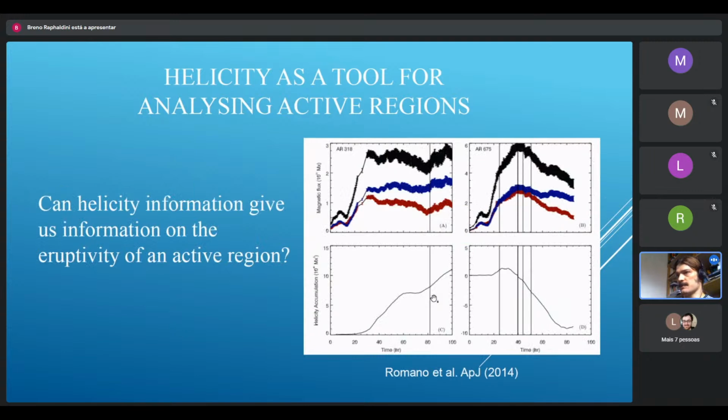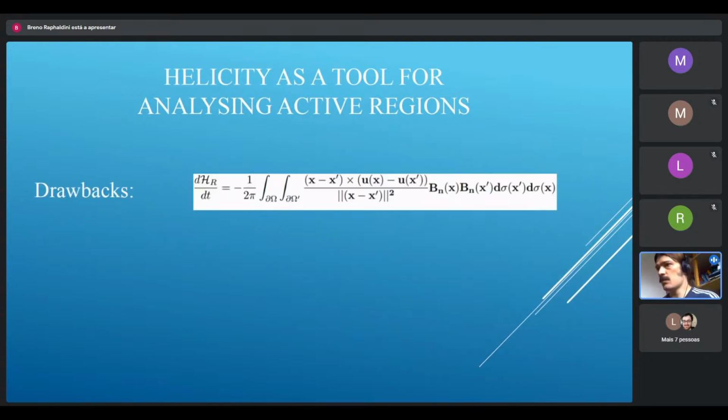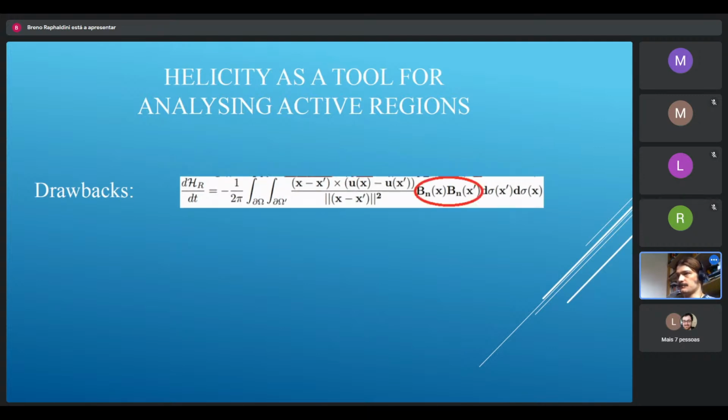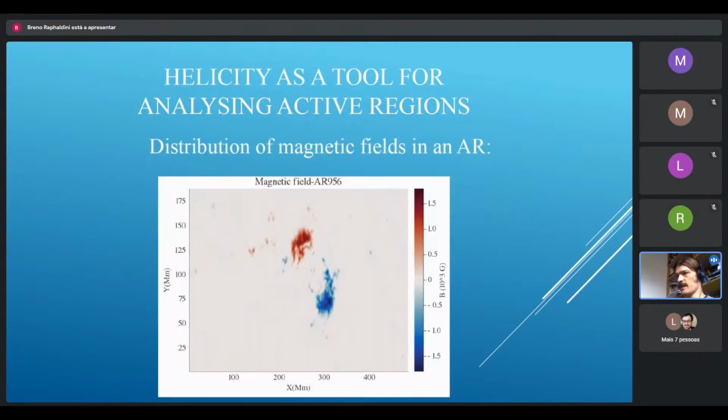One of the problems with the helicity is that it's weighted. This quantity is a measure of the topology of the magnetic field, but as I mentioned before, it's weighted by the magnetic field strength. When we observe the distribution of magnetic field intensities in solar active regions, we see that it's very concentrated.